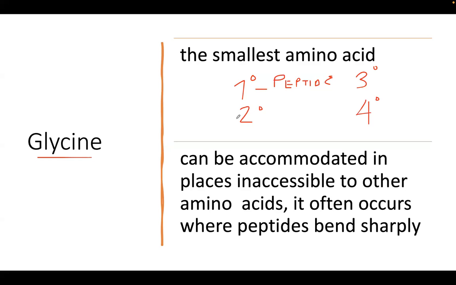Now, what is the secondary structure of a protein? The secondary structure is either the beta-pleated sheets or the alpha helix.